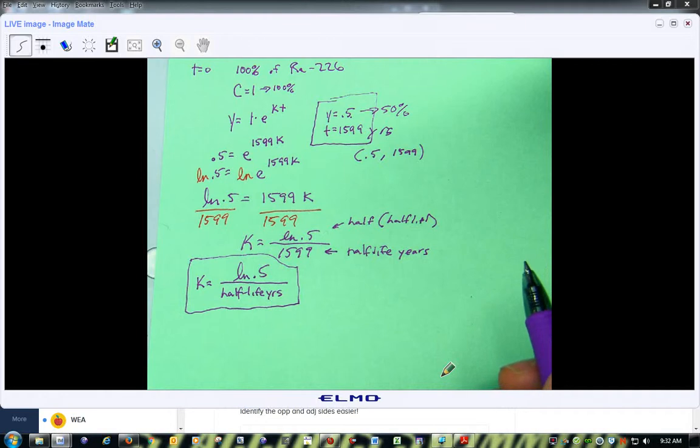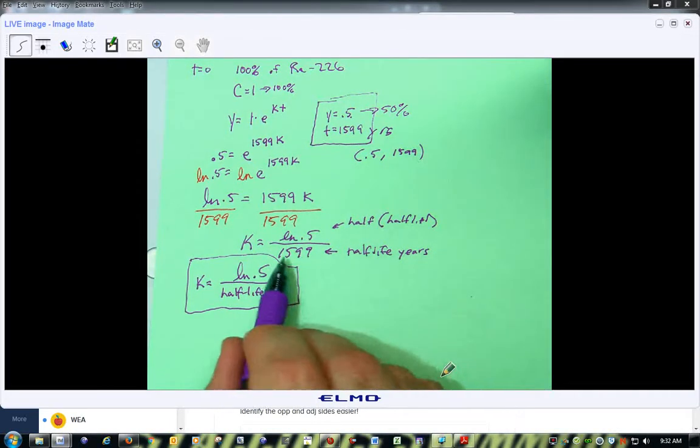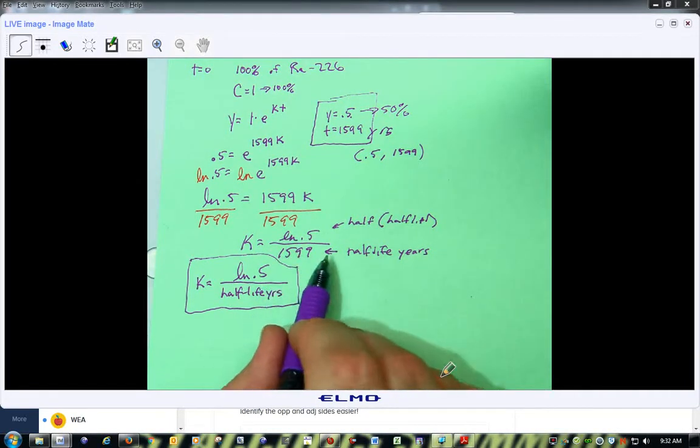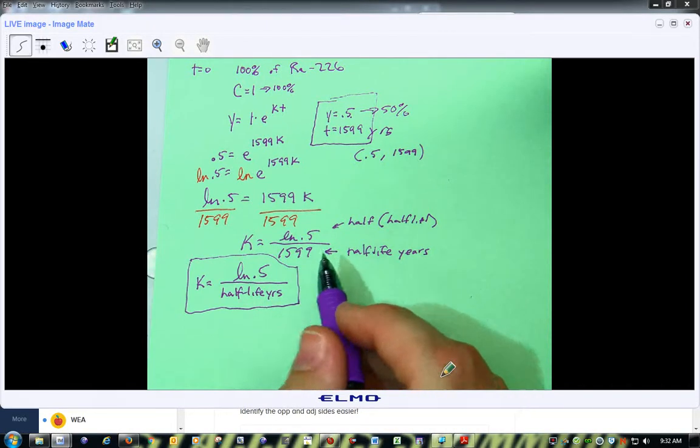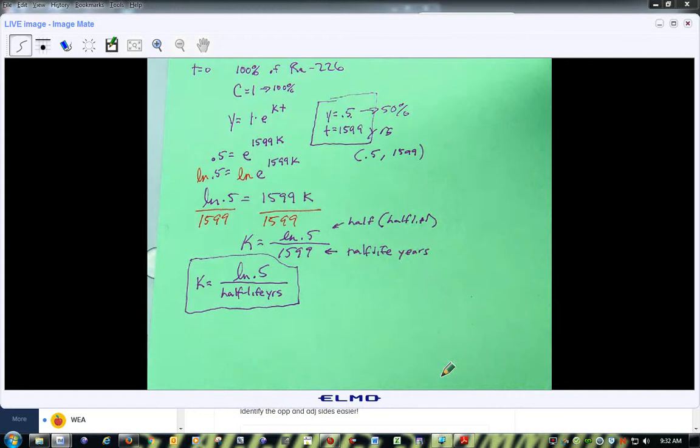In this case, that's our 1,599 for radium-226. If it was for something else, whatever the half-life years would be, that's what we would use. So that's one of the really cool things about half-life, is our k becomes something easy to use. It only works, though, with half-life. But I wanted to show you that anyway.